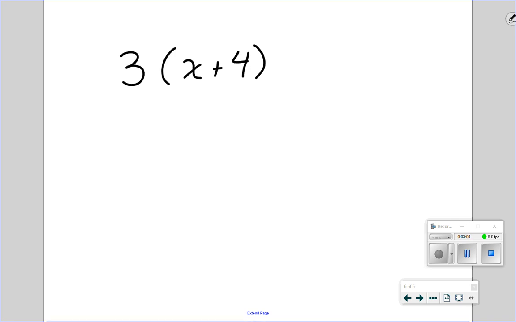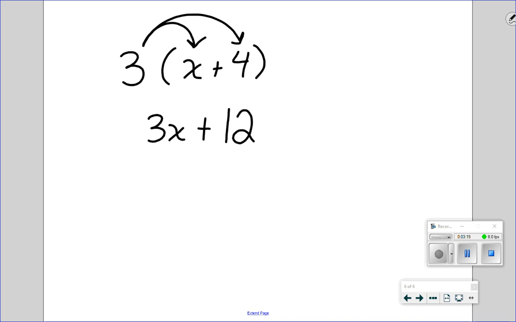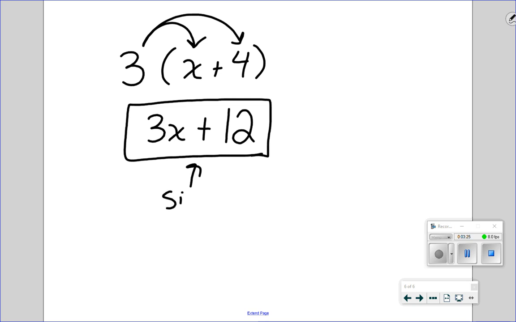So we're essentially giving the 3 that's being multiplied to both of these. So what I'm going to do is 3 times x, and we write that as 3x. And then I'm going to do 3 times 4, and we'll add those together. 3 times 4 is 12. This expression is simplified.